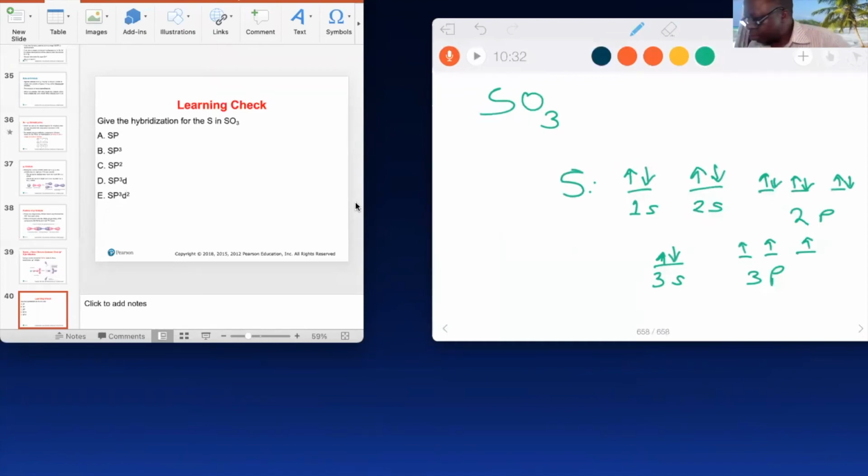All right. Is that what it is? 15. Sulfur is number 16. 1, 2, 3, 4, 5, 6, 7, 8, 9, 10, 11, 12, 13, 14, 15, 16. Yes. 16.